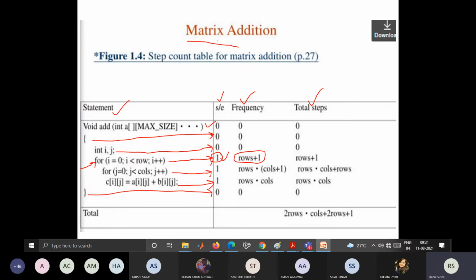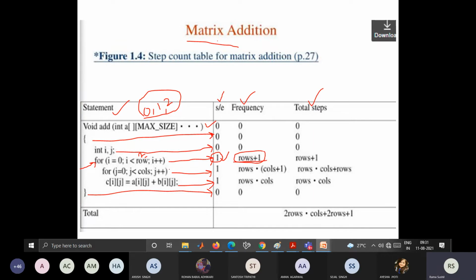Let's say, take the smaller value, the value is 2. So it is going to run for 0, for 1 and for 2, because it will be giving the false value for this. So the number of times is 3, 0 to 2, while the value of row is 2. So to make it 3, you have here rows plus 1.